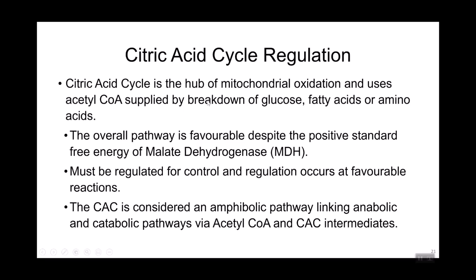So even though we are drawing it as a cycle, some of the steps are reversible and you can have branching off to other pathways in order to synthesize other larger molecules. So really, as a cycle, the citric acid cycle is considered an amphibolic pathway because it does link anabolic and catabolic pathways together.